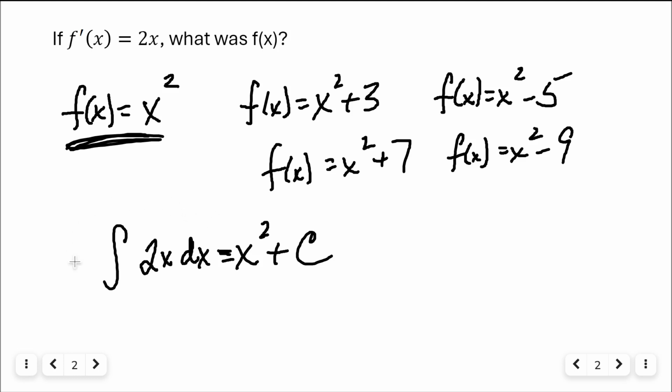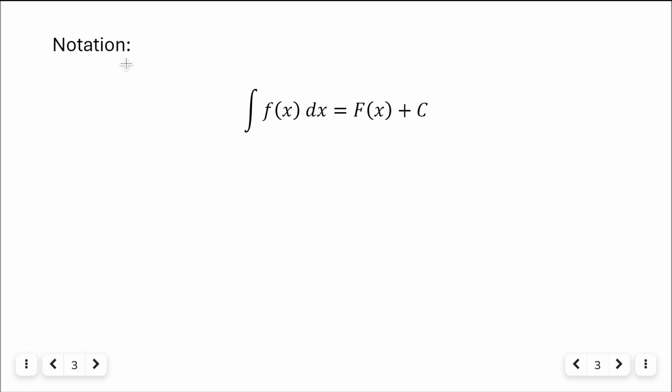All right, so let's talk about what all this stuff is here. So here's the notation. The integral of f of x dx is equal to capital F of x plus c. First things first, this sign is called the integral. The stuff inside of the integral, the function, is referred to as the integrand.